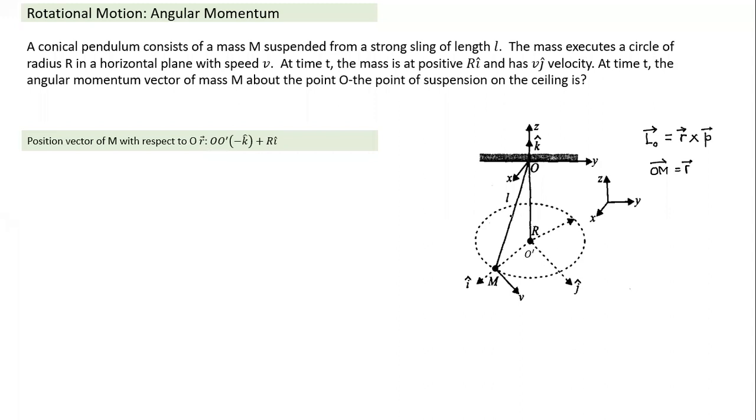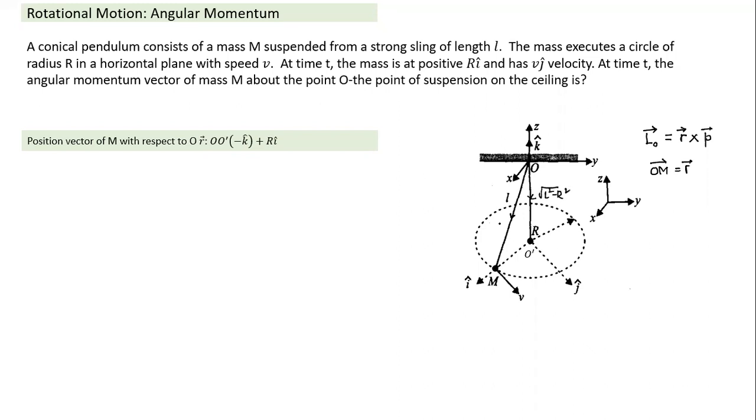This vector I can write as OO dash vector plus O dash M vector. What is the OO dash vector? It is downwards, in the minus k cap direction, and its length is OO dash, so minus OO dash k cap plus R i cap. And what is OO dash? This inclined length is L, and this is R, so this vertical side will be equal to root of L square minus R square. This one is very simple.